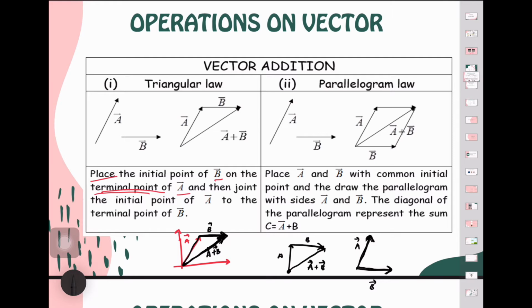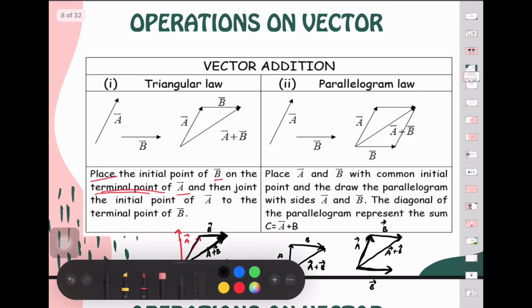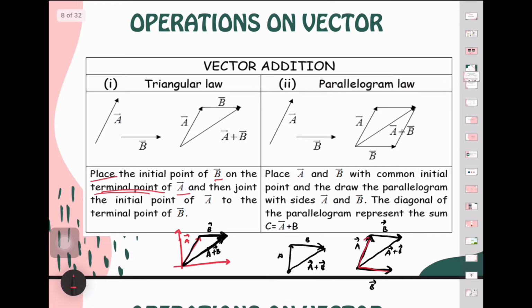the addition of two vectors is by drawing a parallelogram, where this one is B, so we have another B here because it must have the same direction with the same magnitude. So this one is the equal vector, which is B. Okay, so from here to here is vector A plus vector B. We cannot connect these two because they have different directions.